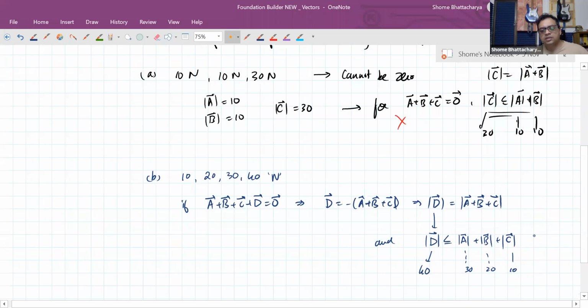So you can see that this condition is satisfied. So therefore the resultant can be 0. So yes, this can be 0, but this cannot be 0. So this is how we check the options. So hope it is clear, Rishi. Question number 5 is clear now.